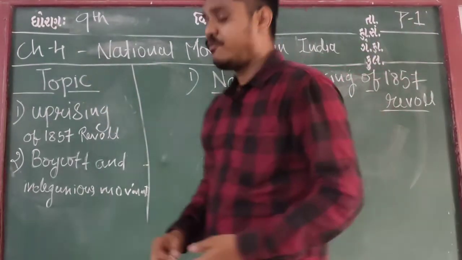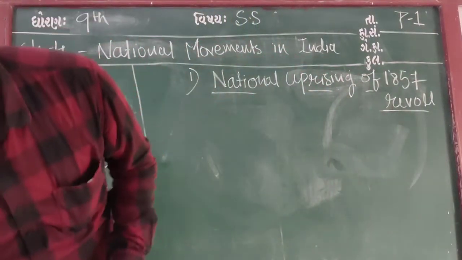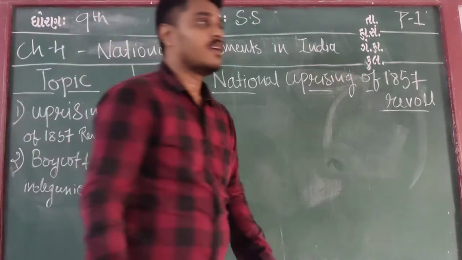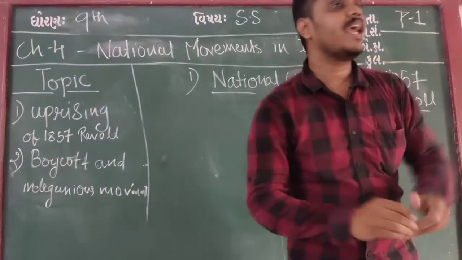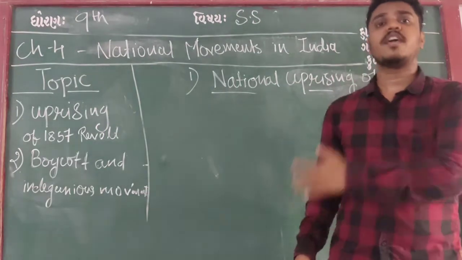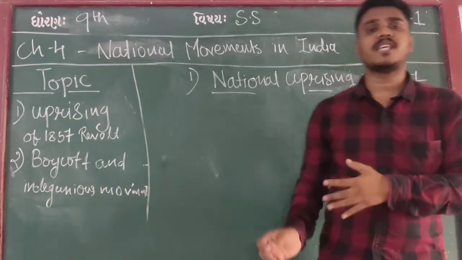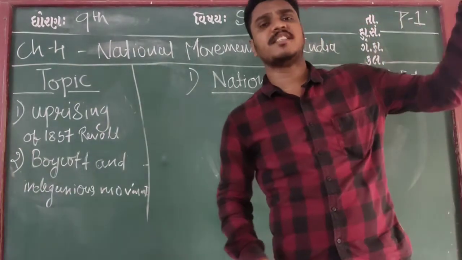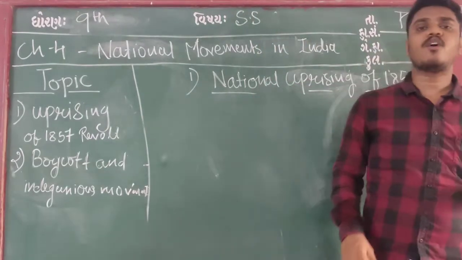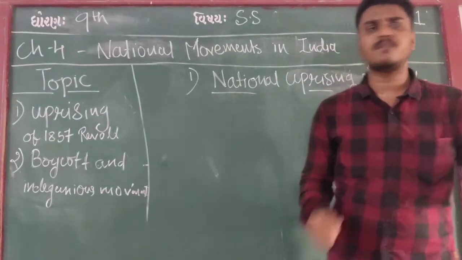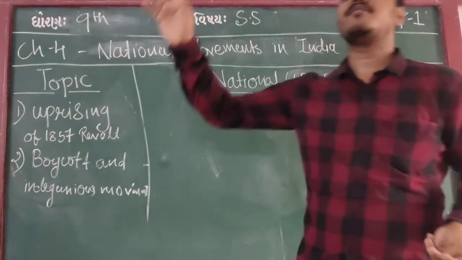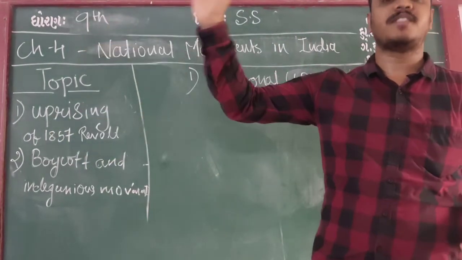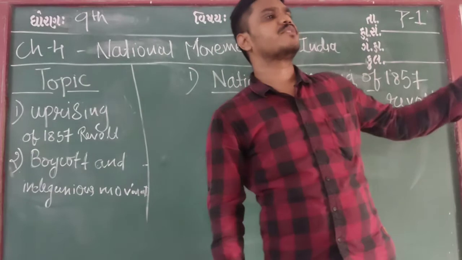Now we'll move further. One important thing was that each and every person was fighting for themselves, there was a lack of nationalism. For the sake of nationalism, no one was fighting. Let's take an example: Tatya Tope was fighting from his region, or Bahadur Shah Zafar from Delhi.